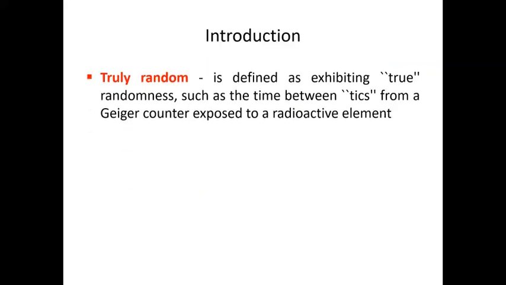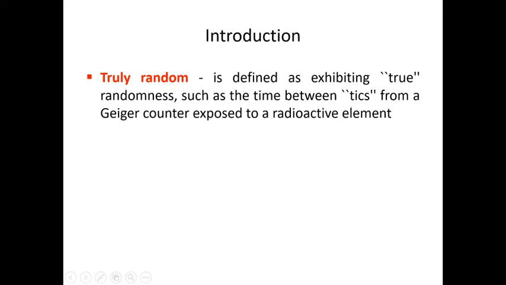Let's move on. So what do you mean by true randomness? How do you say a given sequence exhibits true randomness? We say there is true randomness only if it is naturally generated as a random event.